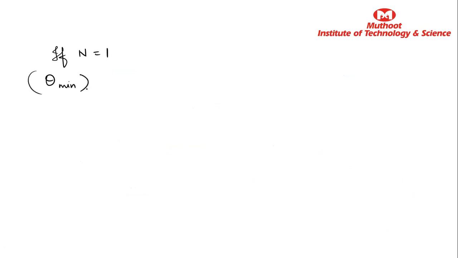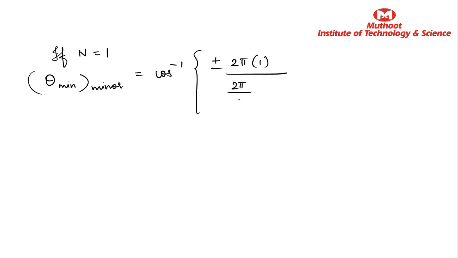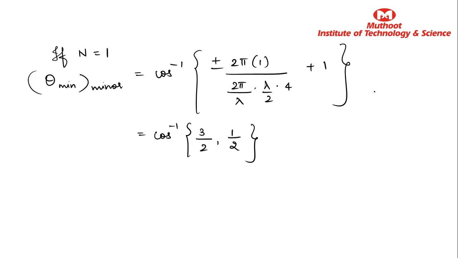So theta minimum of minor is equal to cos inverse of plus or minus 2 pi into 1 upon, this is beta, 2 pi by lambda into lambda by 2 into 4, plus 1, right? If I solve this, I'm going to get 3 by 2 and half, you can check and see. So this is going to come something like cos inverse of plus or minus half plus 1.